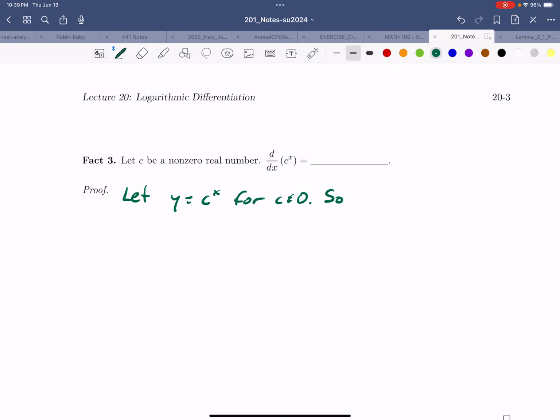Well, then that means that ln of y equals ln of c to the x, which equals x times ln of c. And remember that this right here is just a constant, okay? Keep in mind that that's a constant.